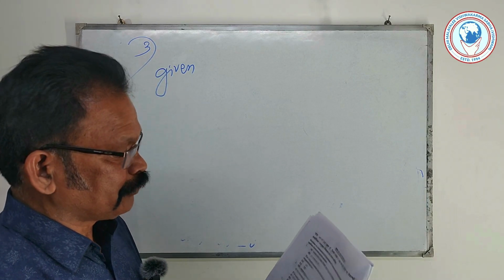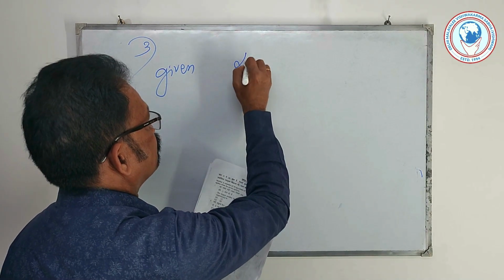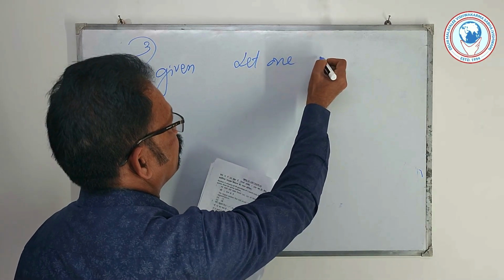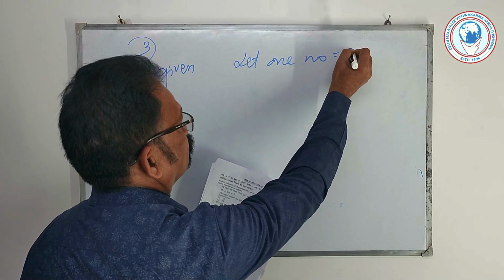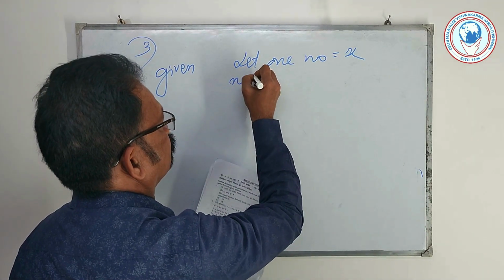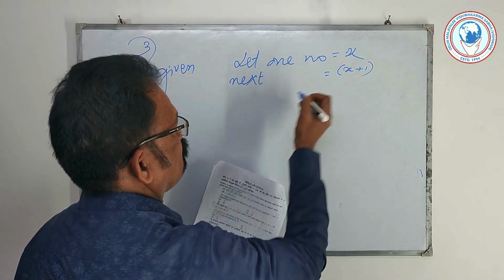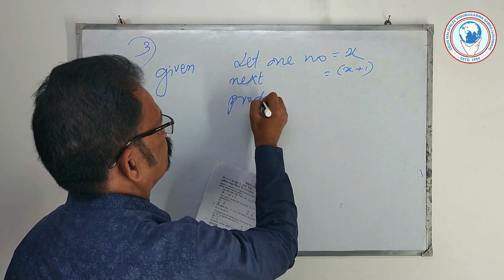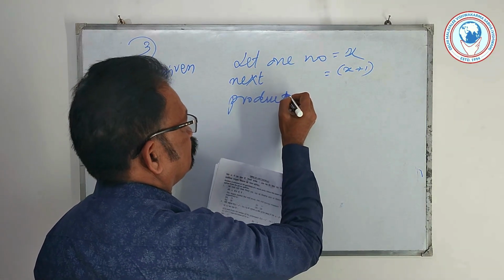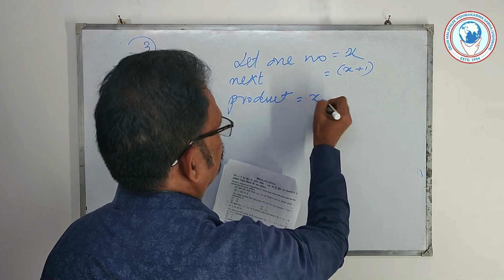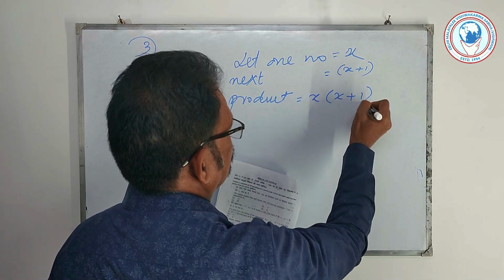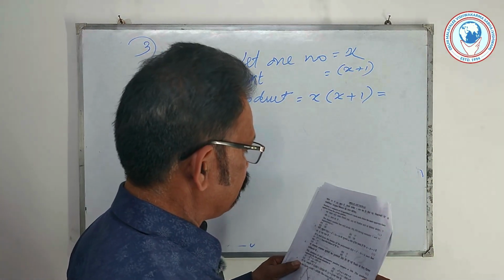Let one integer be x. So the next integer is x plus 1. Product is equal to x into x plus 1, that is given as 306.